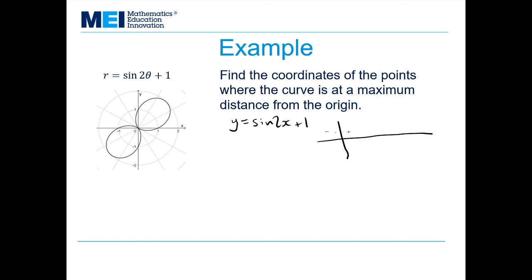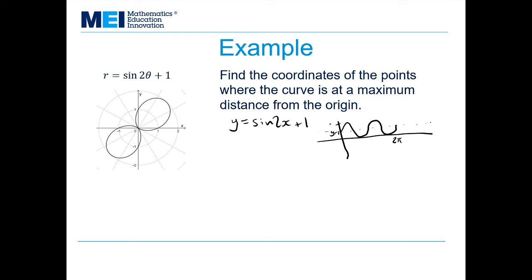And I can sketch this out. There's the line at y equals 1. And this is just y equals sine 2x shifted up by 1. So it's going to start there and go up and down like that by the time I get to 2 pi. So this is at a maximum.